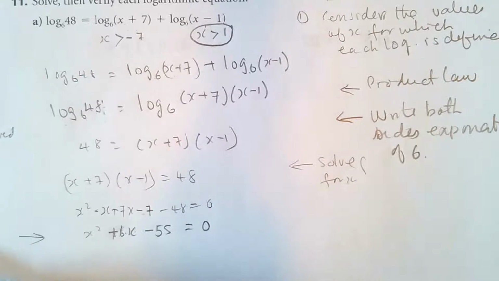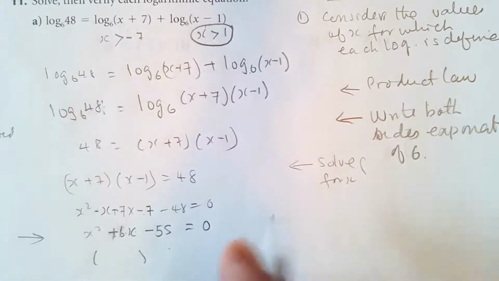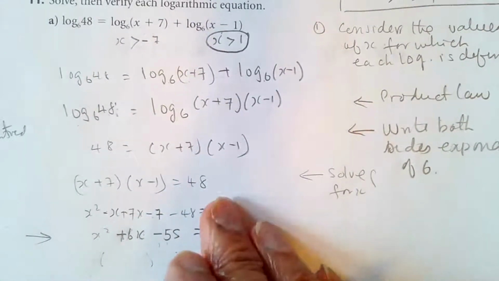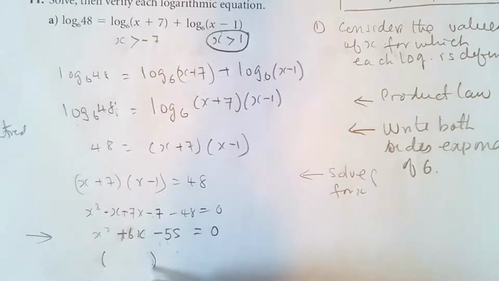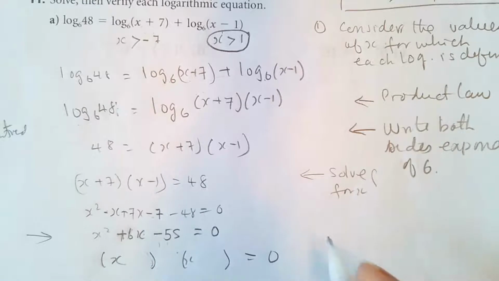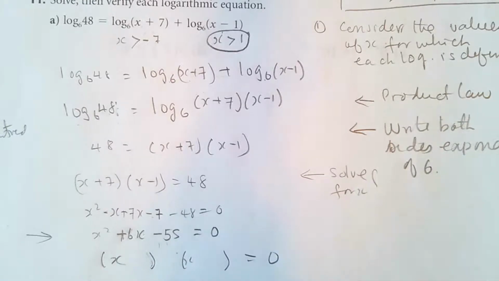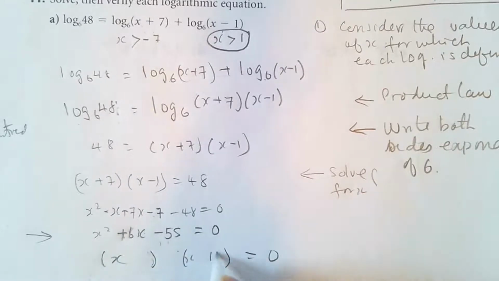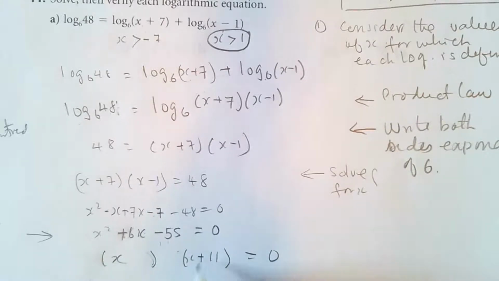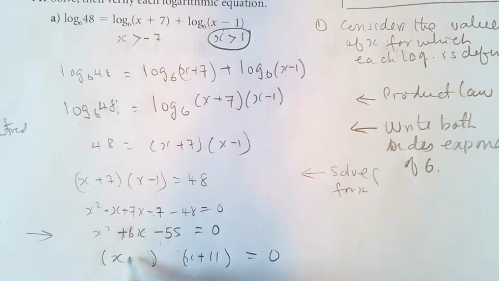Now we're going to factor. So we have x and x. Now 55 would be what? 11 and 5 will give us, yes, plus 11 and minus 5.